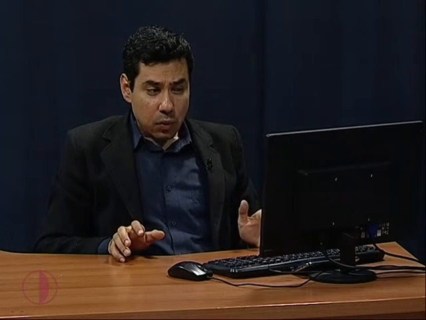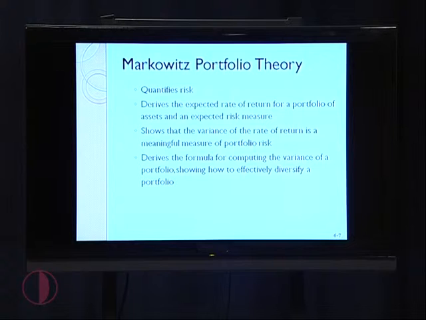In this chapter, we need to understand Markowitz portfolio theory, which derives the expected rate of return for a portfolio of assets and an expected risk measure. In fact, we have a meaningful measure for the portfolio risk. It is called the variance. The variance of the rate of return is a meaningful measure for the portfolio.